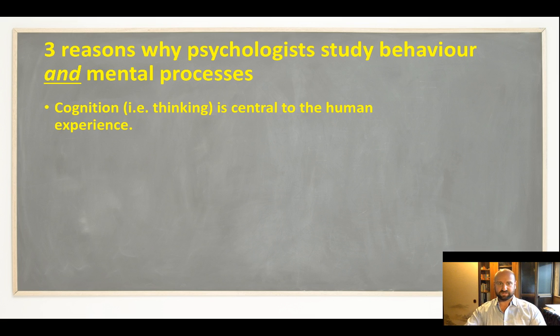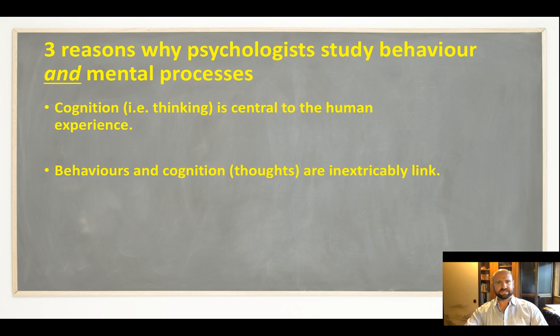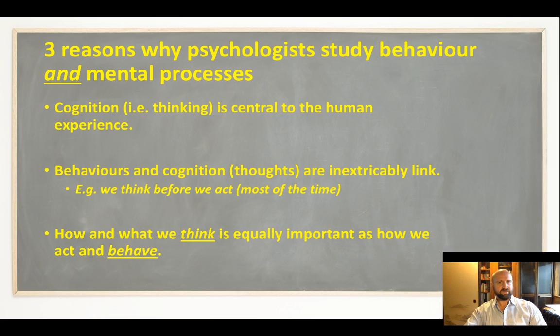It's what separates us from most animals, our advanced thinking capabilities. Both of these are inextricably linked. We often think before we act, and if we don't think before we act, then why don't we think? So we can't really separate the two. And as humans, as individuals, how we think is just as important as how we act. So those two things are of equal importance.